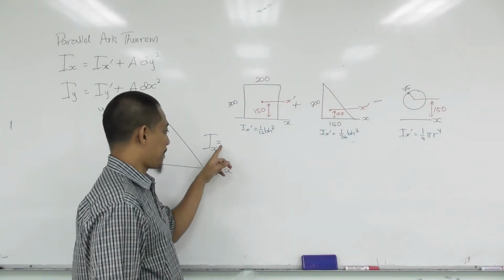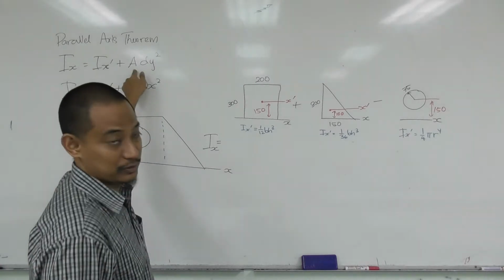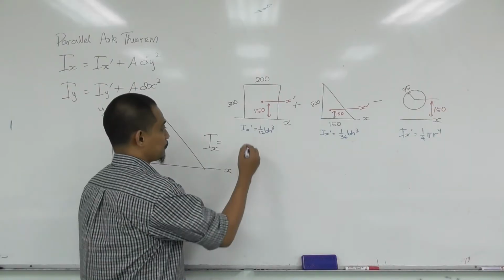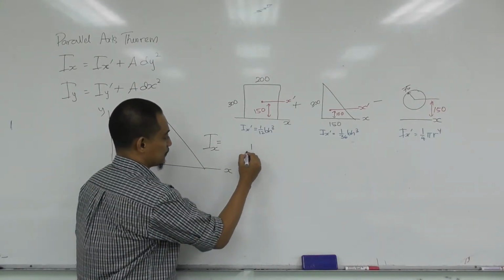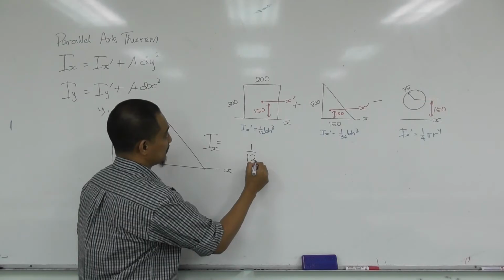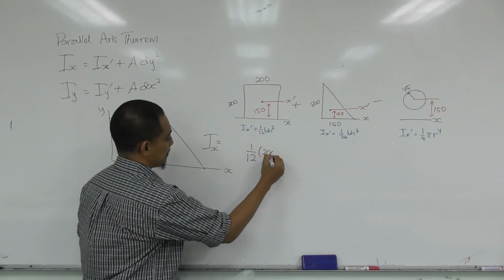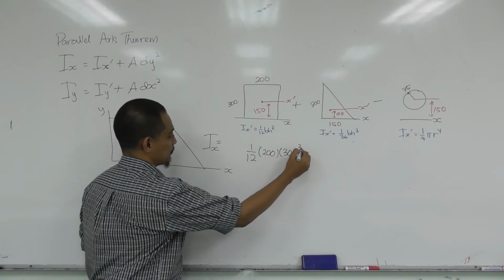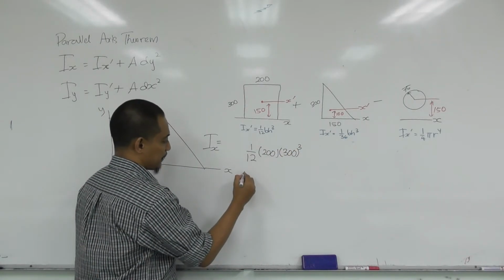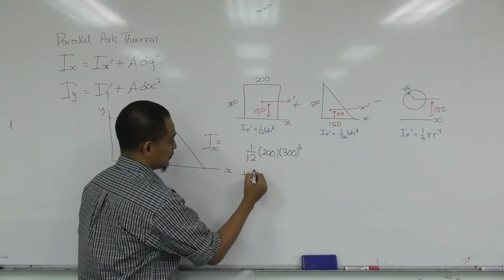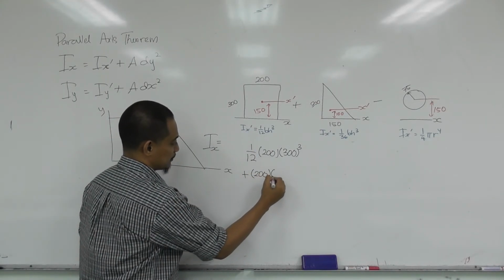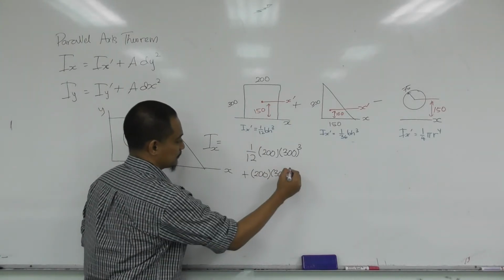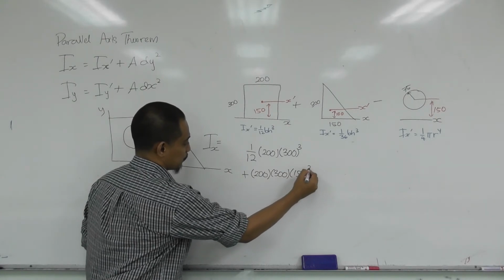Now, again, Ix is equal to Ix prime plus A dy squared, and we already wrote all the Ix prime, so we'll just write the values here. For this one, 1/12 bh cube, b is 200, h is 300, so you have 1/12 bh cube plus A, where A is 200 times 300, and dy squared, where dy is 150 squared.